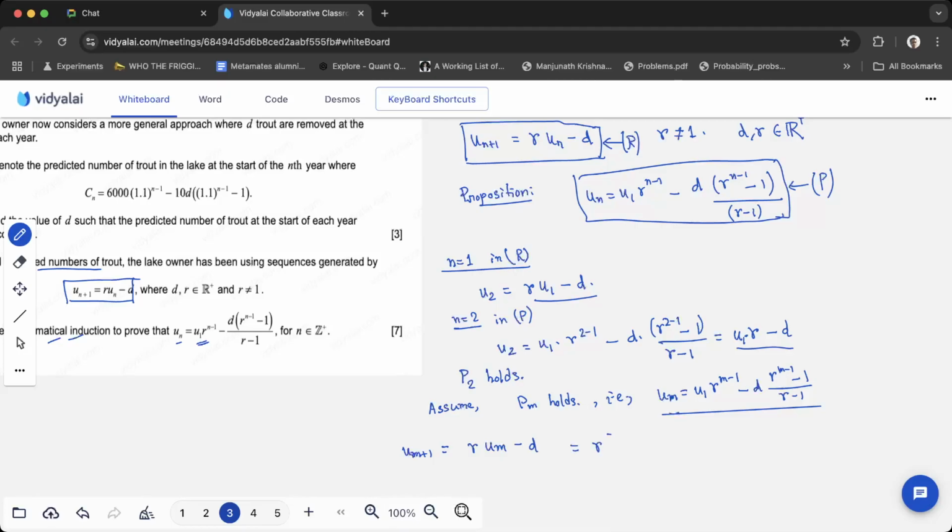So I multiply the entire thing by a factor of r, and finally subtract d. So we get r to the power n.